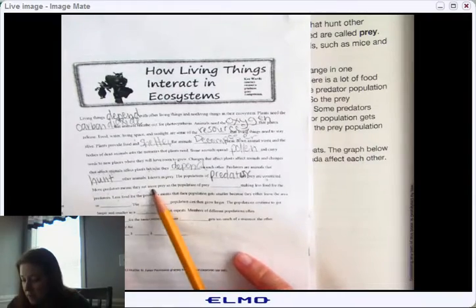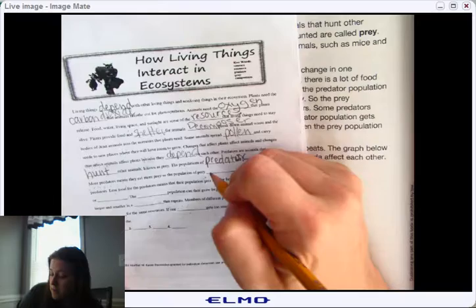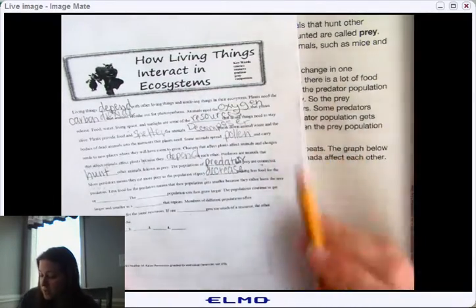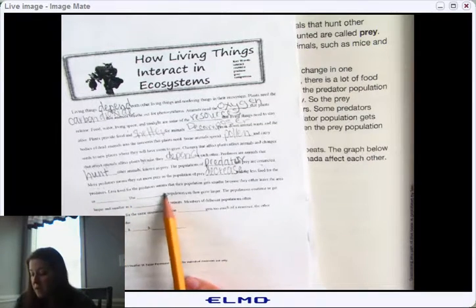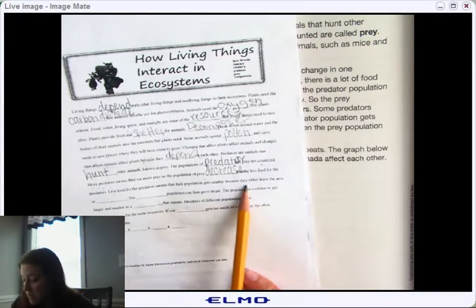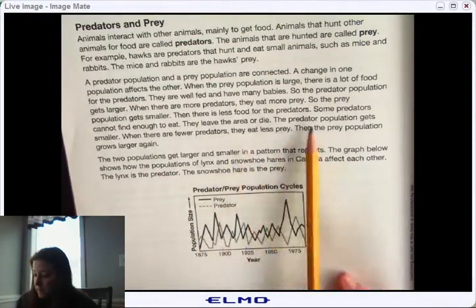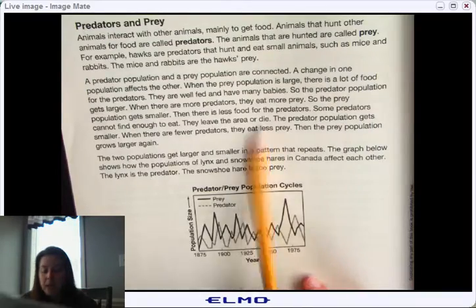More predators means more prey eaten, so the population of prey decreases, making less food for the predators. Less food for the predators means their population gets smaller, because they're either going to leave the area or they're going to die.